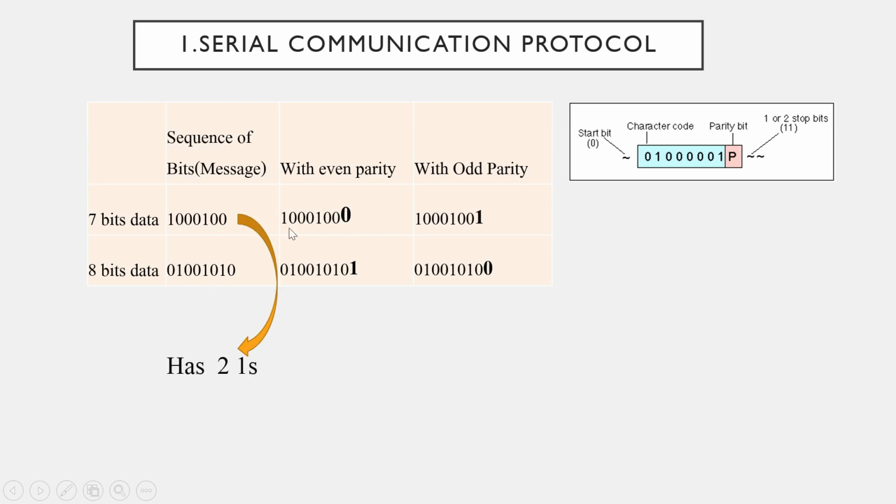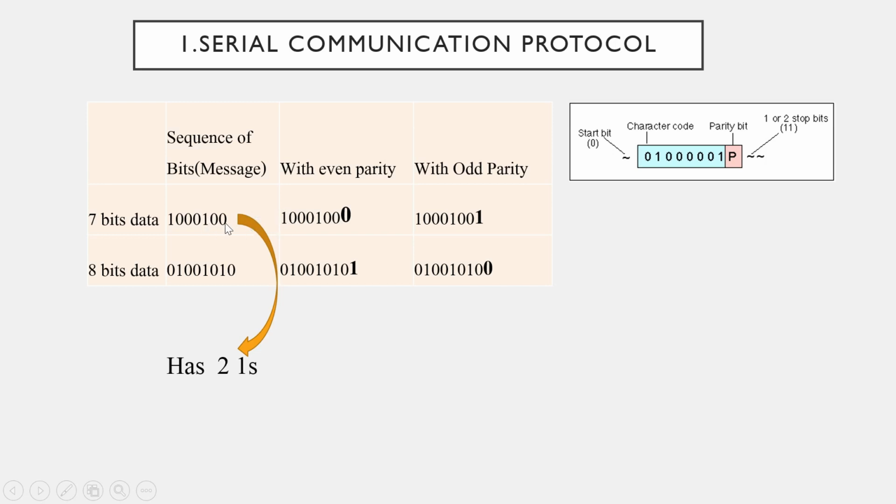If both devices are set to even parity, then the sender device will send the message like this, with even parity. So here there are 2 ones, so it will count the ones.